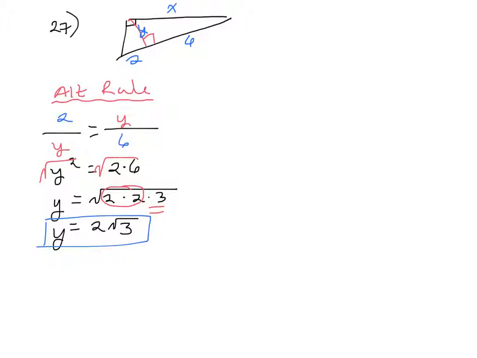So that's our altitude. Then we want to find x, which is a leg. So that means we're using the leg rule. All the leg rule says is this. Here's my proportion. The leg, which in this case is x, goes on the geometric mean to itself. And then the other diagonal contains pieces of the hypotenuse.